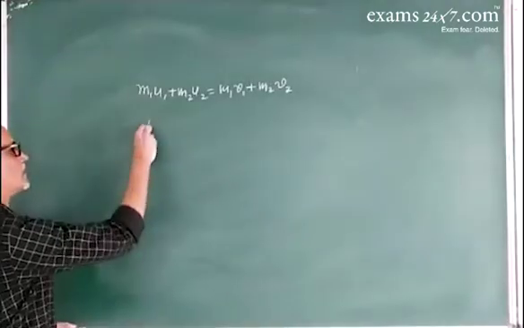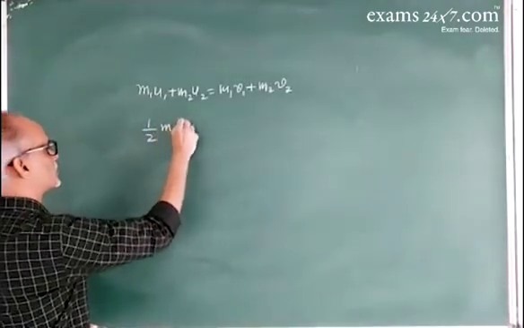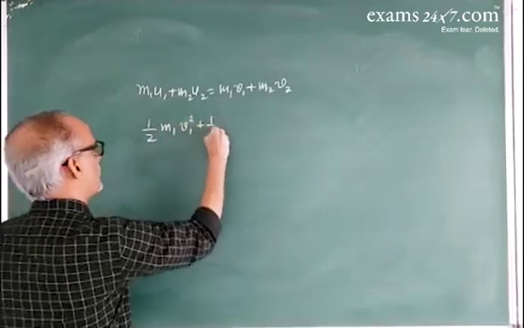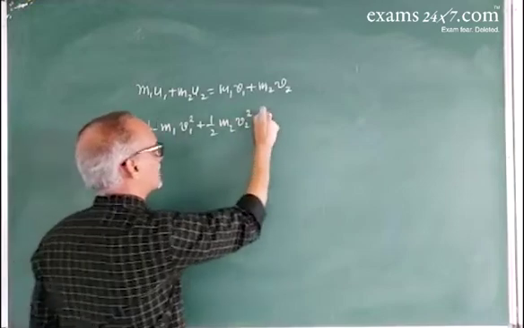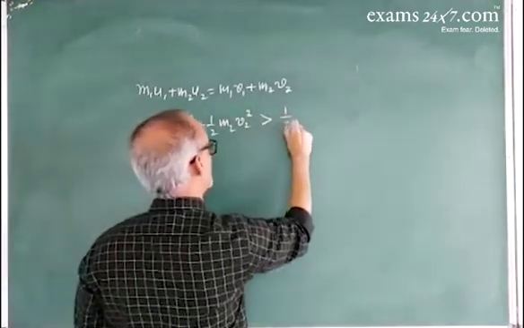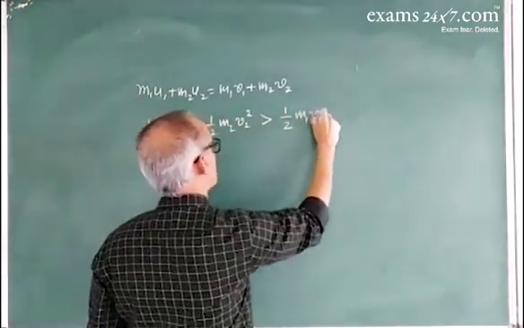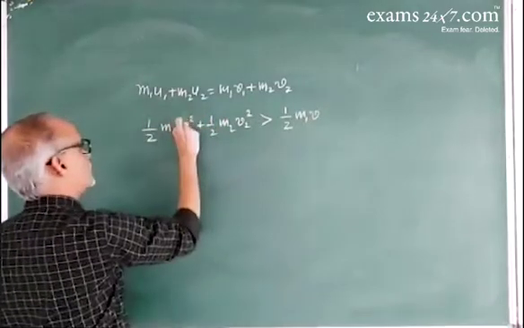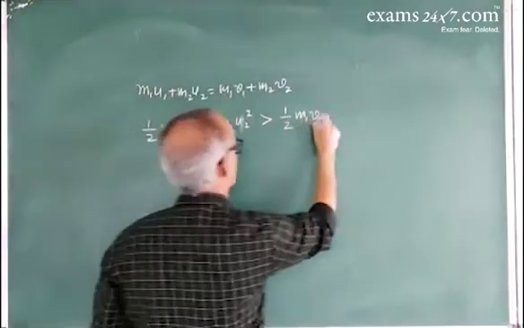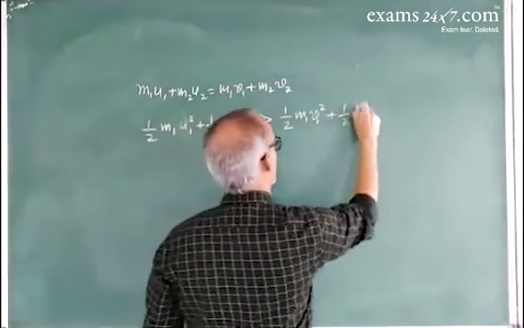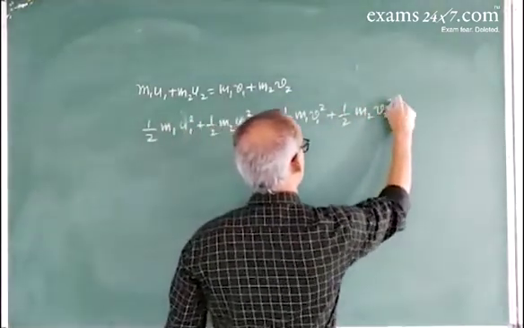So that is the reason why the total energy before the collision, half m1 u1 square plus half m2 u2 square, is always greater than the total energy after the collision, half m1 v1 square plus half m2 v2 square.